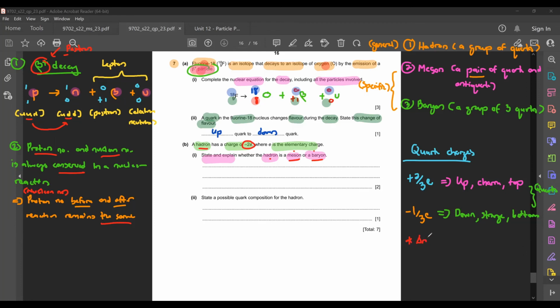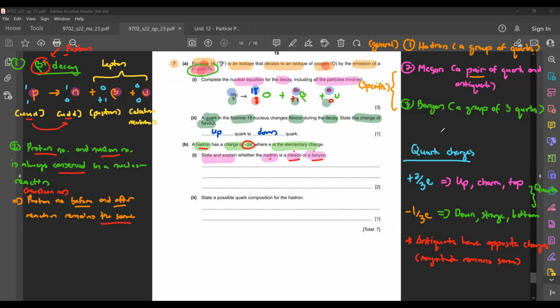All right. Anti-quarks have opposite charges. Okay. But magnitude remains the same. Okay.